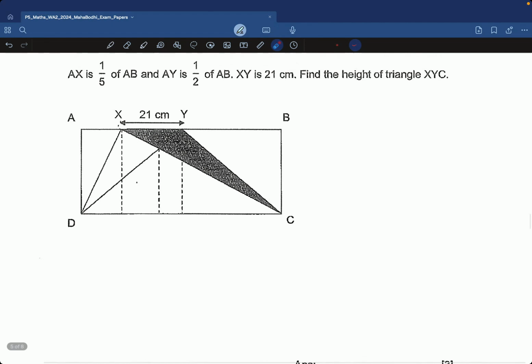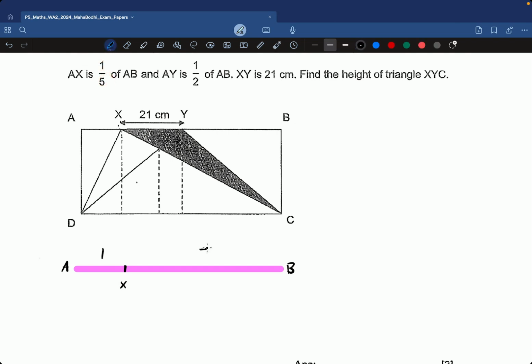Okay, so I'm going to make it a little bit simpler because it can get a bit confusing. So I'm going to drag this AB down. Okay, all right. So now we have A and we have B. And then we also know the X over here. So I'm just going to put here as X, right? So when you see this 1/5, you might be thinking, oh, this is obviously 1/5.